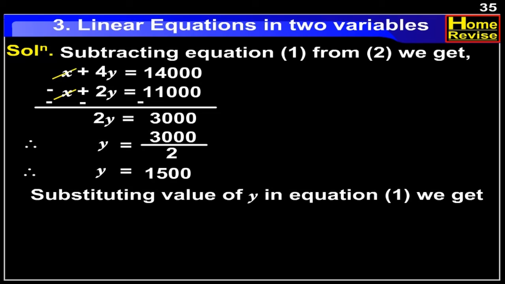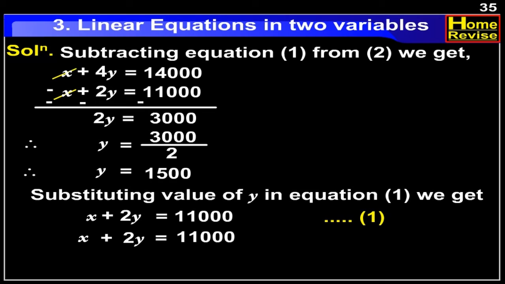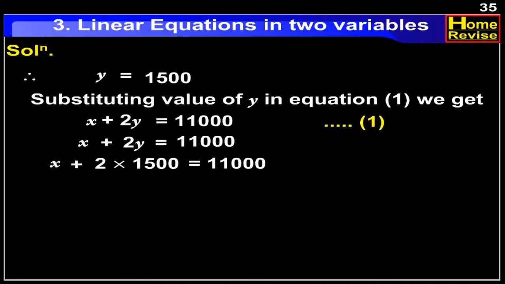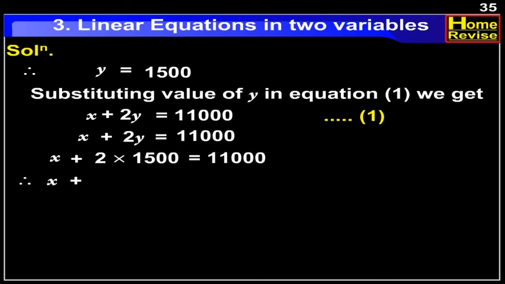Now substituting the value of Y in equation 1, we get X plus 2Y is equal to 11,000. X plus 2 into 1,500 is equal to 11,000. Therefore X plus 3,000 is equal to 11,000.